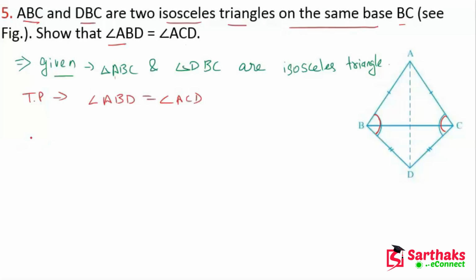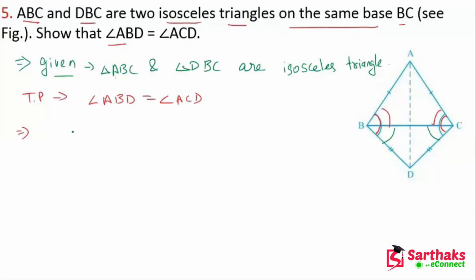Okay, my dear friend. So first of all, we can say that by the isosceles triangle property, this angle is equal to this angle. Got it, my dear friends? And similarly, this angle is equal to this angle, because these two sides are equal.